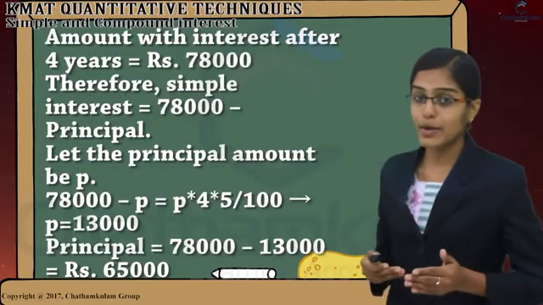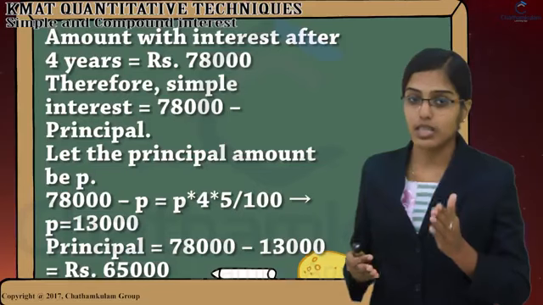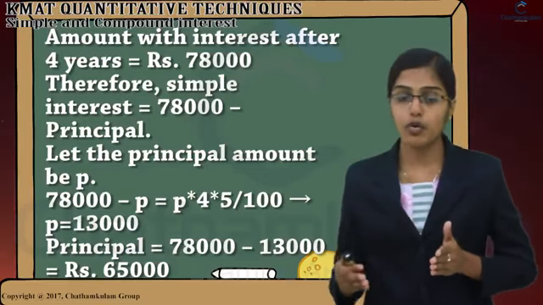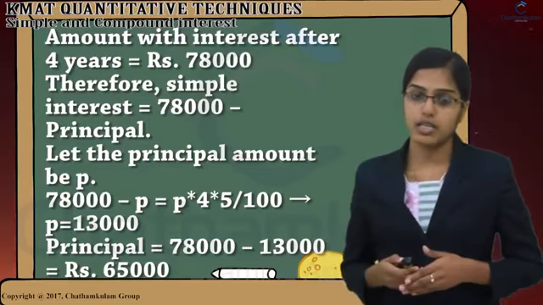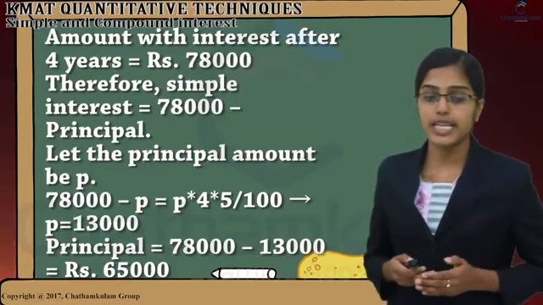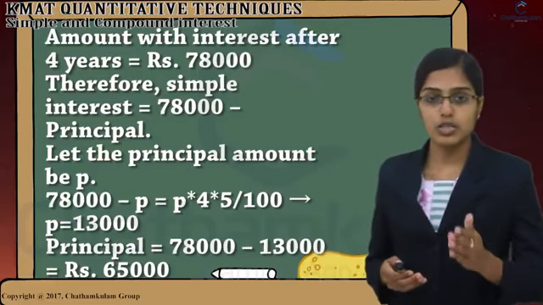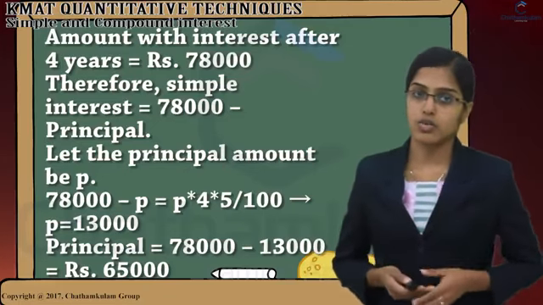Let the principal amount be P. So 78,000 minus P is equal to P into 4 into 5 divided by 100. So P is equal to 30,000. So principal is equal to 78,000 minus 30,000, that is rupees 65,000.